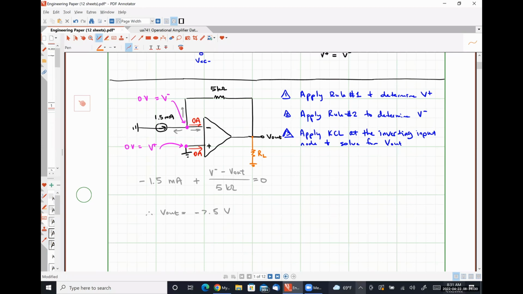So my question to you guys is, would the presence of this load resistance influence the behavior of the circuit at all? Where would it show up in any of our equations if we followed those three steps?